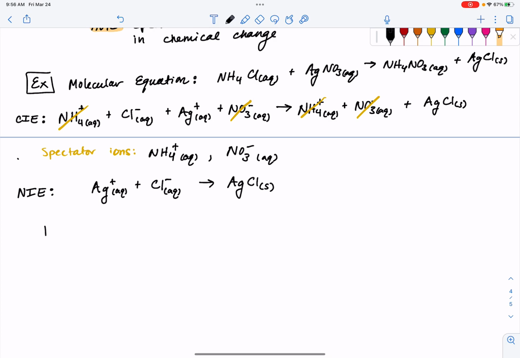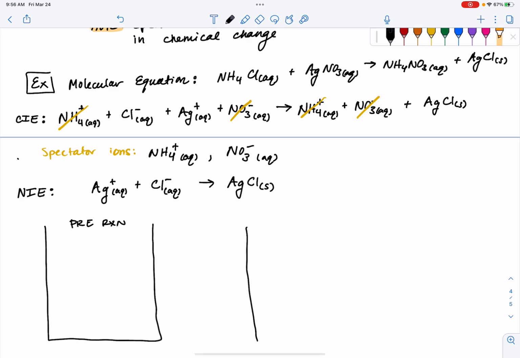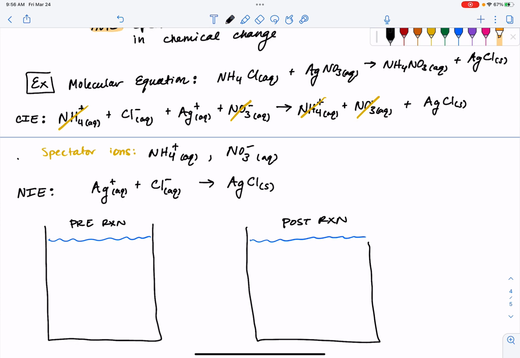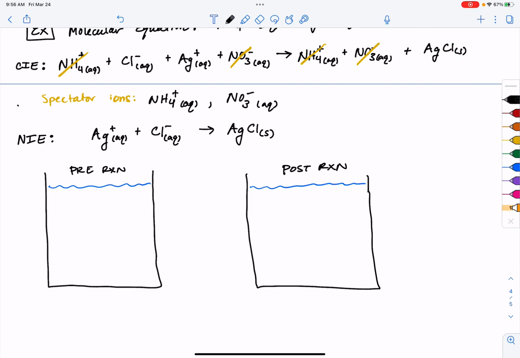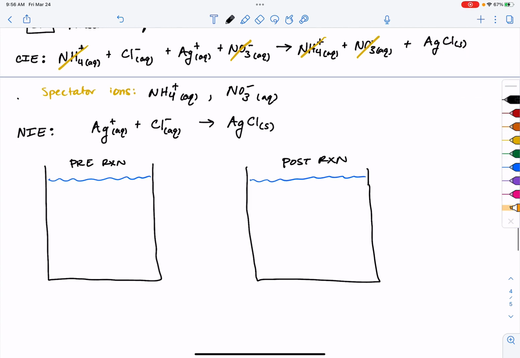Now, if we were to think about what's going on in the beaker, both pre and post reaction, I would still see the presence of those ammonium and nitrate ions. They're just, again, not responsible or not involved in the chemistry that formed my actual new product, which is my silver chloride solid.